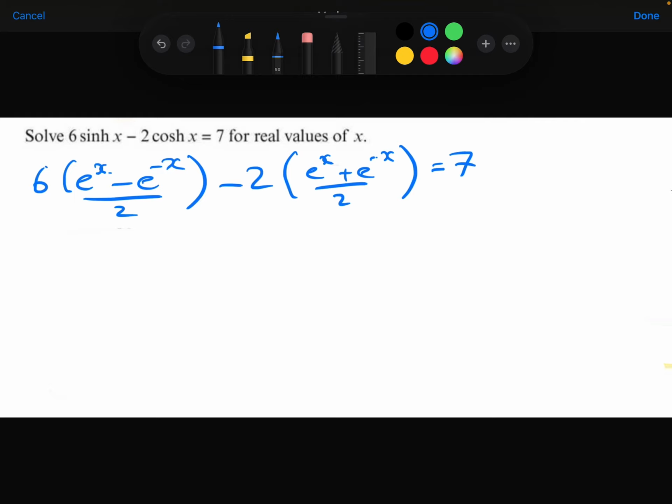If I expand out those brackets now, I'll get 3e to the x minus 3e to the minus x minus e to the x minus e to the minus x.